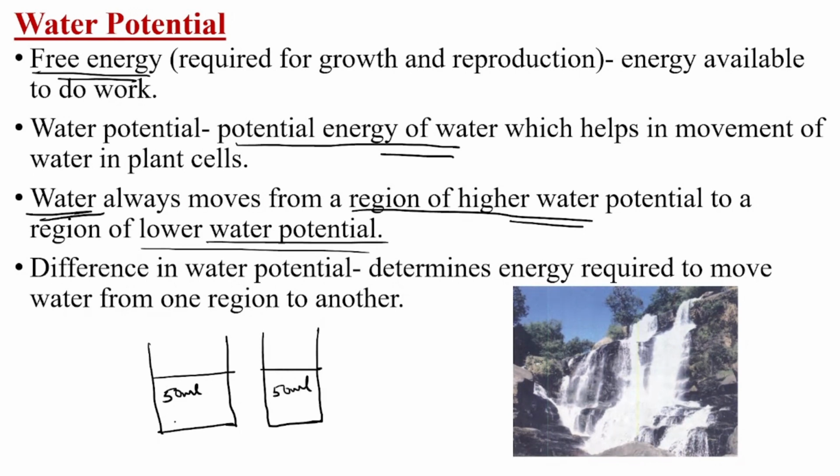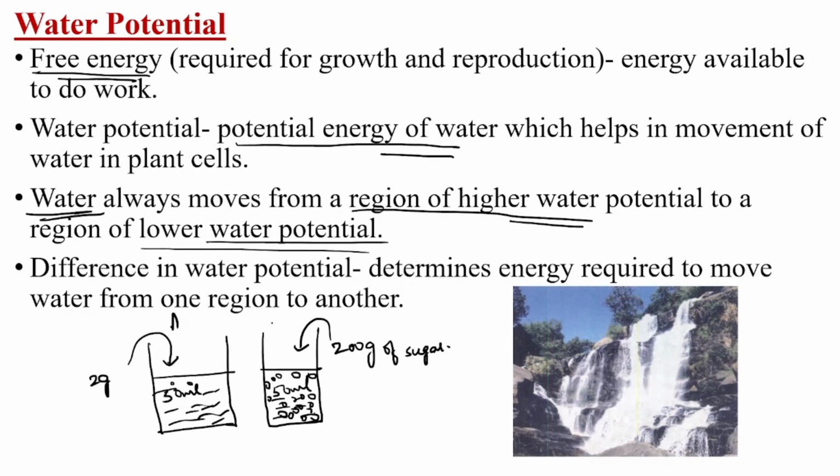So the solvent is nothing but water. Here I added 2 grams of sugar, and here I added 200 grams of sugar. Now where is the water concentration more? Obviously here, more water molecules and very few solute particles. Here the amount of water is the same in both beakers, but obviously the amount of solute particles is very high.